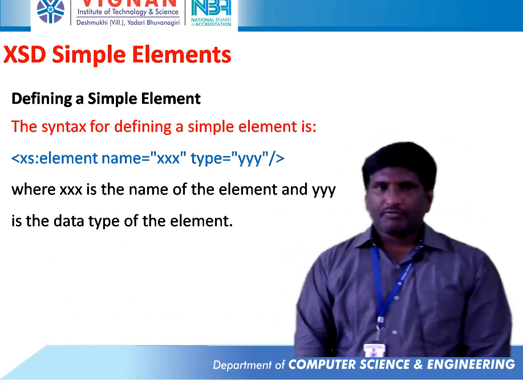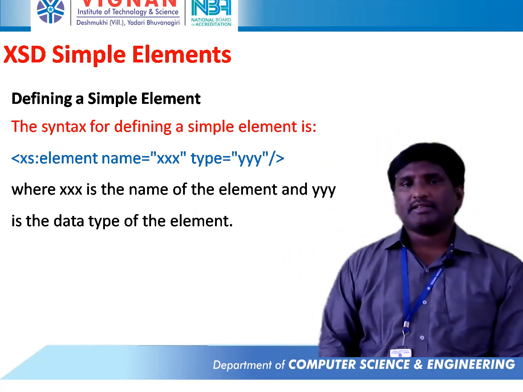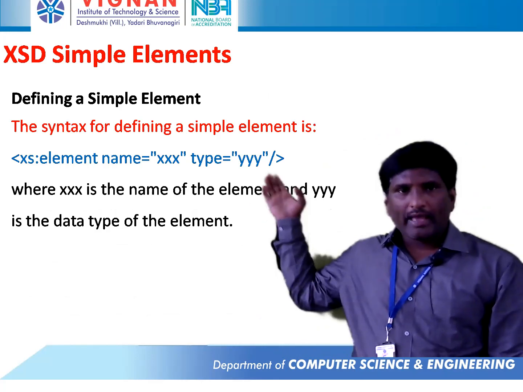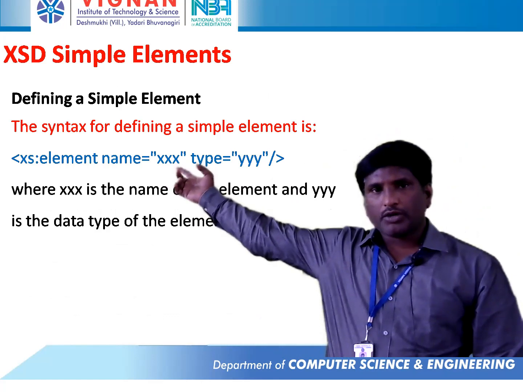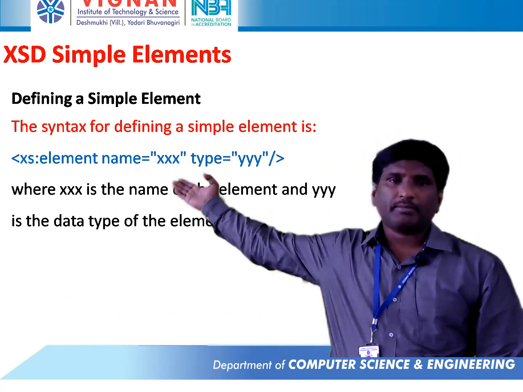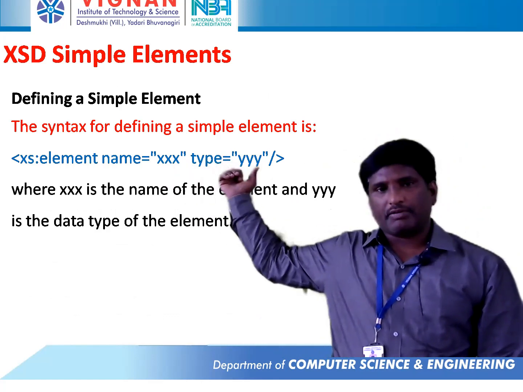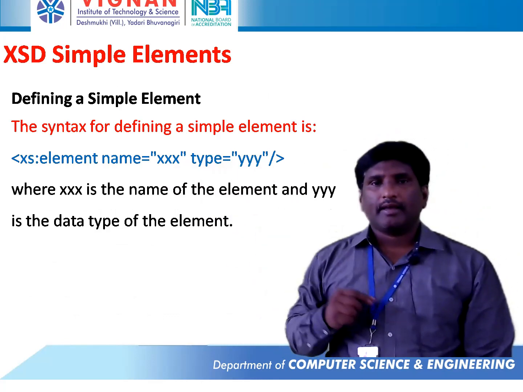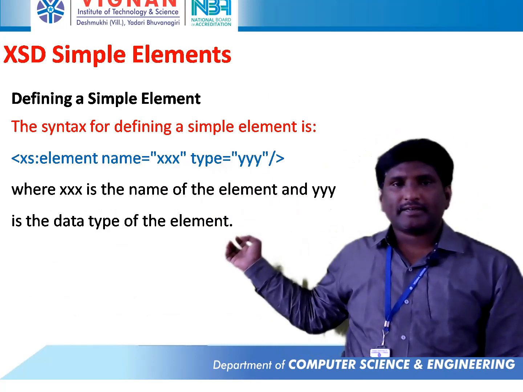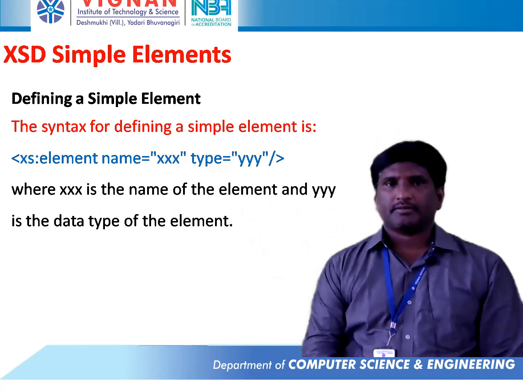And how can you define a simple element? The syntax for defining a simple element is like this: xs:element name equal to xxx, and type equal to yyy, where xxx is the name of the element and yyy is the data type of the element.